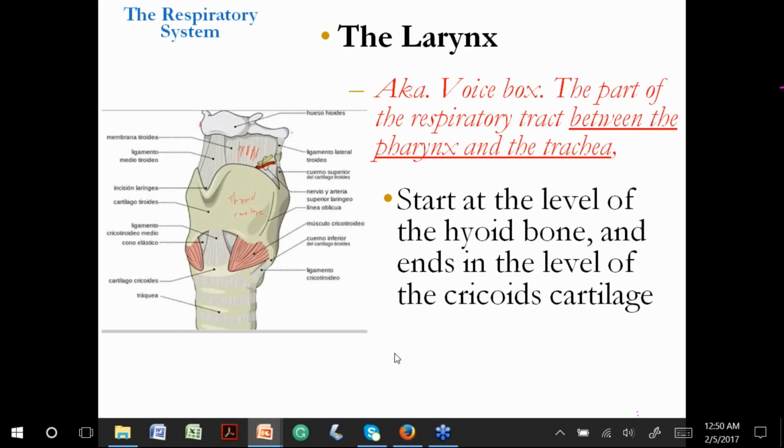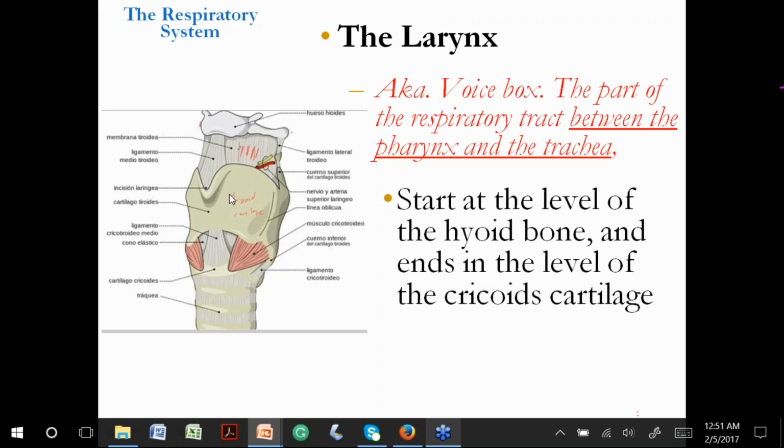The larynx is called the voice box, and it is part of the respiratory tract between the pharynx and the trachea. So it's a transition.